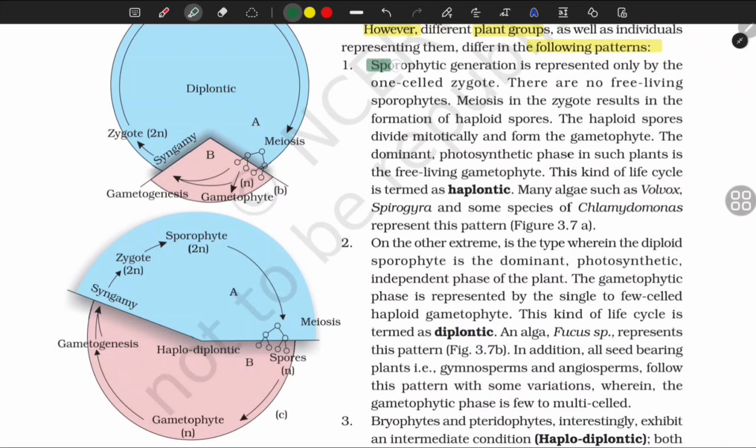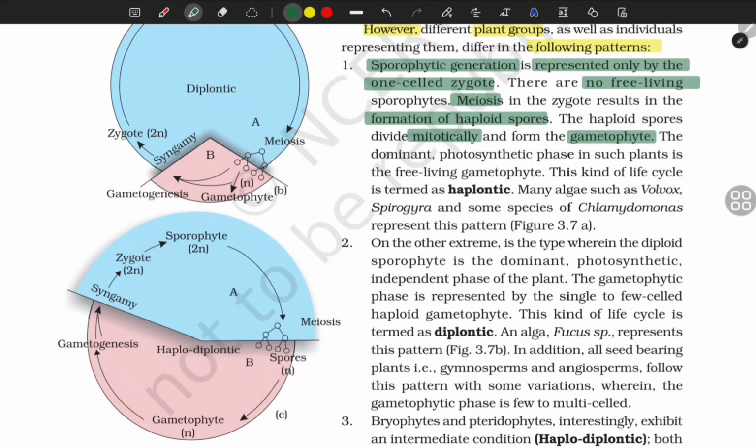Number 1. Sporophytic generation is represented only by the one-celled zygote. There are no free-living sporophytes. Meiosis in the zygote results in the formation of haploid spores. The haploid spores divide mitotically and form the gametophytes.